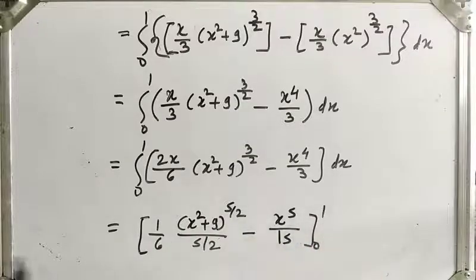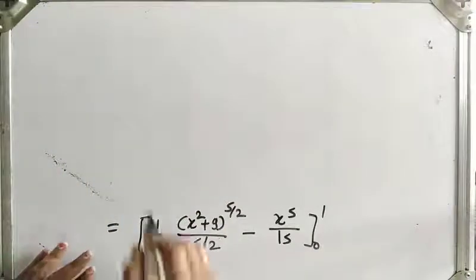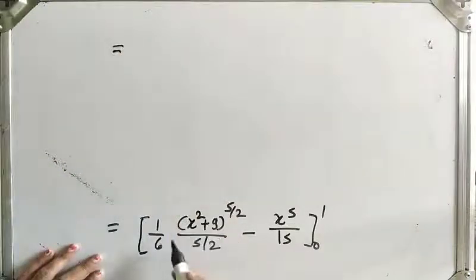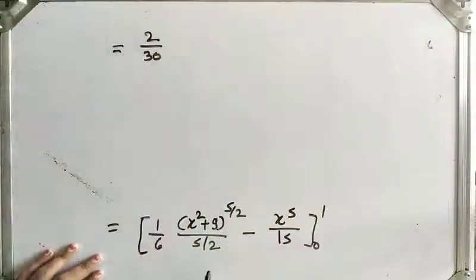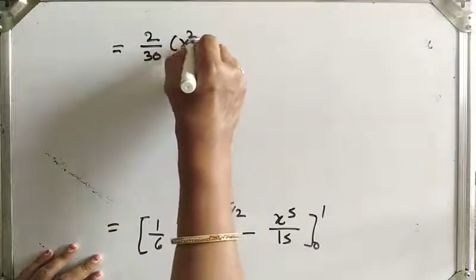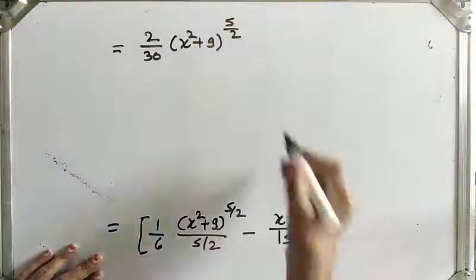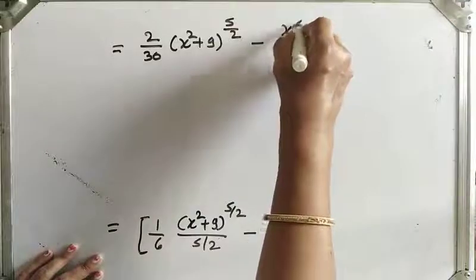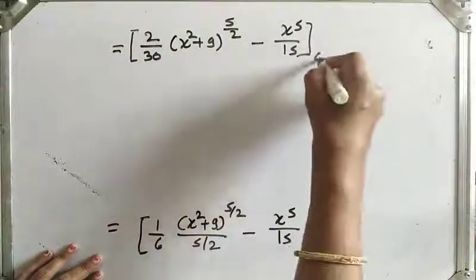Now let us simplify it and apply limits. So which is equal to 2 by 30 into x square plus 9 raised to 5 by 2 minus x raised to 5 upon 15, with limits 0 to 1.